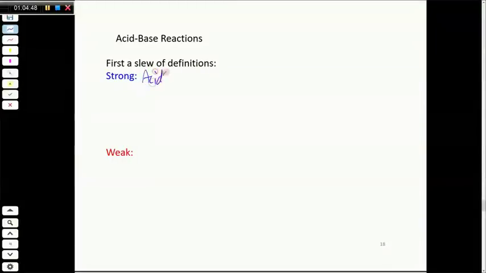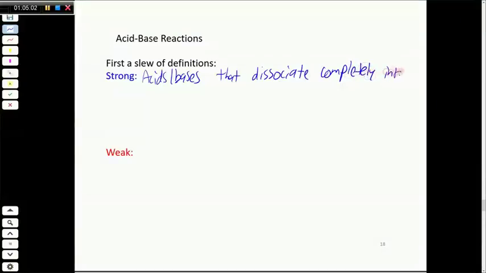So strong acids and bases are acids and bases that dissociate completely into ions. That means when you dissolve them into a solution, the ions that make up those acids and bases, either the H plus for the acid with the anion or the OH minus for the base with its cation, those ions completely separate, and you have all those ions being released into solution.